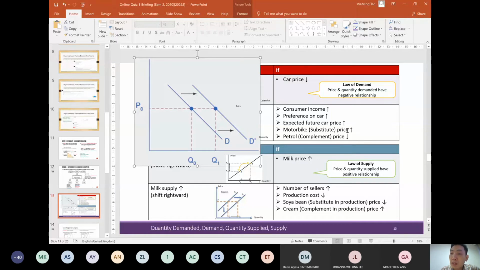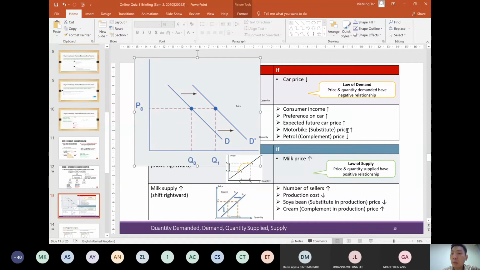So what is the impact to the car then? You may find that some of the consumer may switch their consumption from motorbike to car now. Some of the consumer will change their transportation mode from motorbike to car.